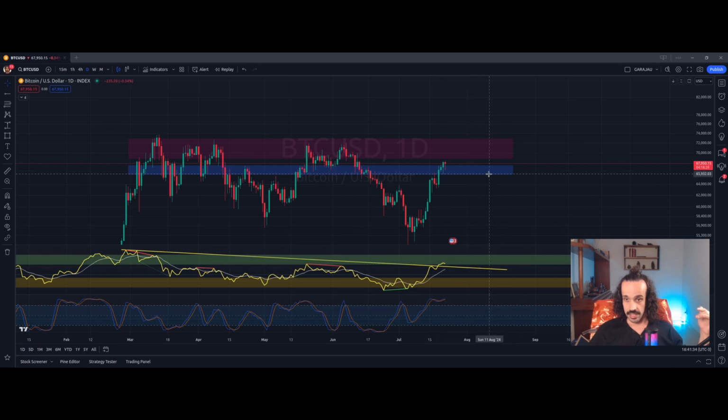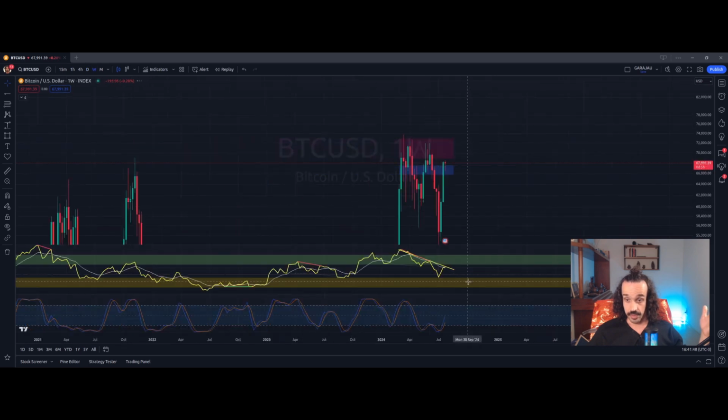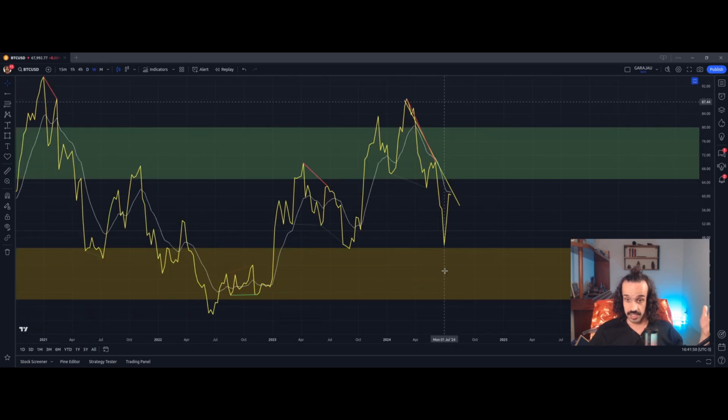Here is the EMA. This is the bottom of the EMA value, as well as the bottom of the bullish region's value. So we have a significant rejection here. On the EMA, of course this can change, but for now it's a rejection on the weekly.